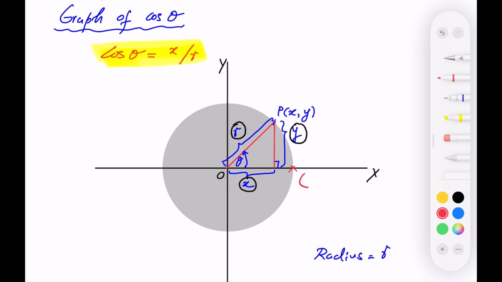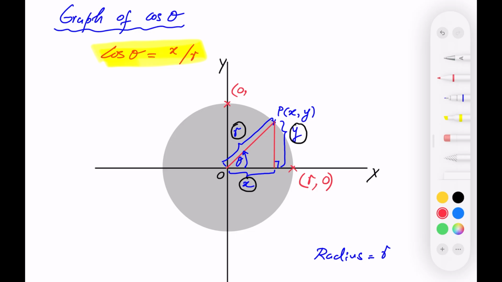We know that the x coordinate should be equal to the radius, which is equal to r, and the y coordinate is equal to 0. Let's say that theta is rotating from that x-axis onto this y-axis, and then that new position of P is right here. At that place, your x coordinate should be equal to 0.